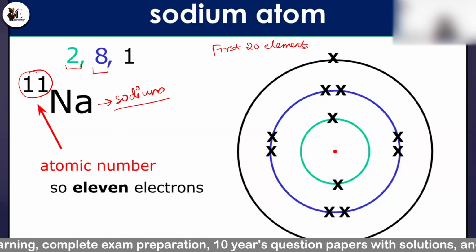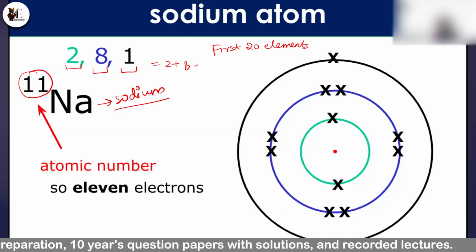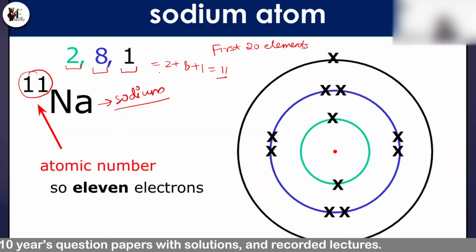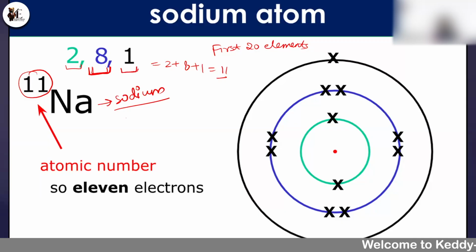In the second shell, 8 electrons. And in the third shell, 1 electron. You can see 2 plus 8 plus 1 is equal to 11. You cannot put 3 electrons in the first shell because the maximum capacity to hold electrons in the first shell is 2 only. You cannot put 9 electrons in the second shell because the maximum capacity is 8 only. After 2, 8, you have only 1 left.